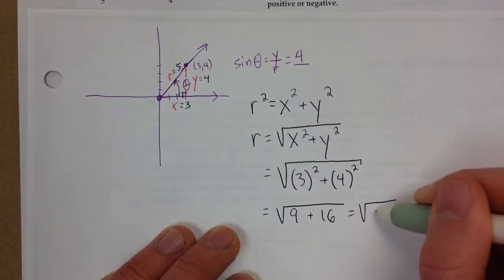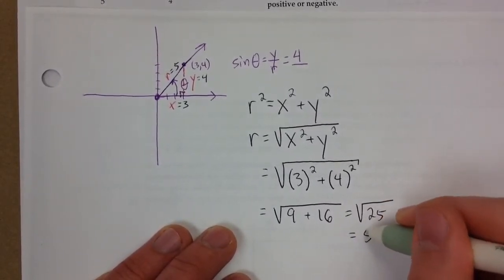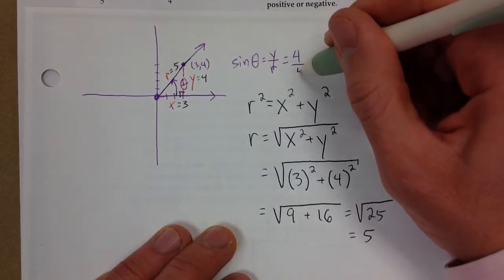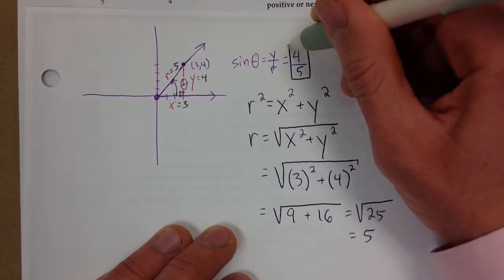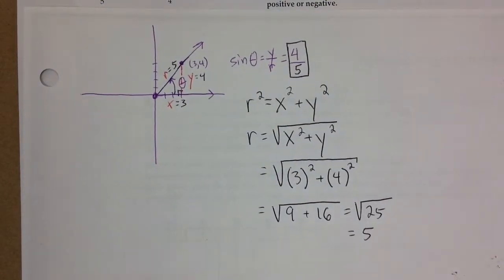And 9 and 16 is 25. So that's just the proof that the hypotenuse is going to be 5. Then you just divide by that, and it's that easy. So the sine of this angle is 4 over 5. Okay, any questions on that?